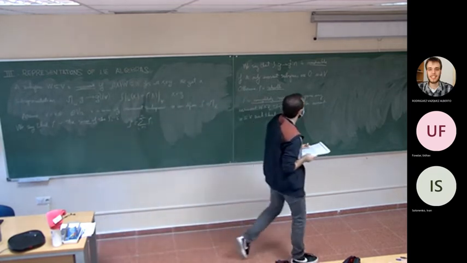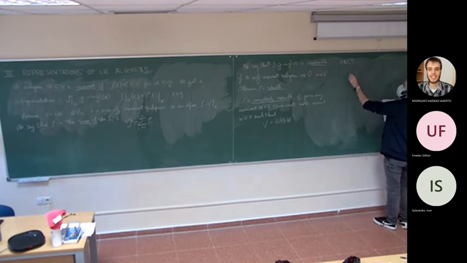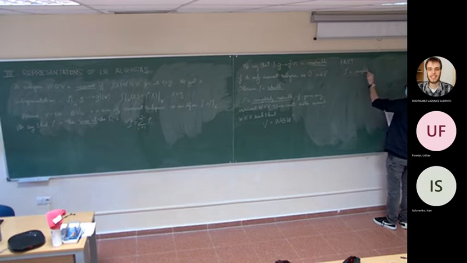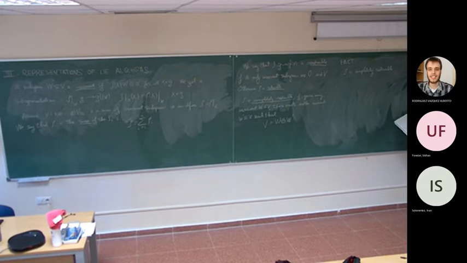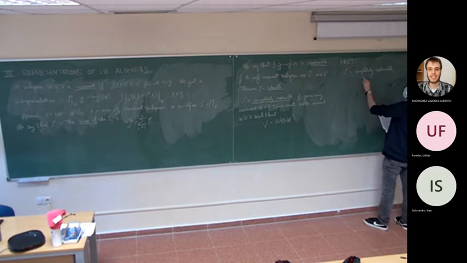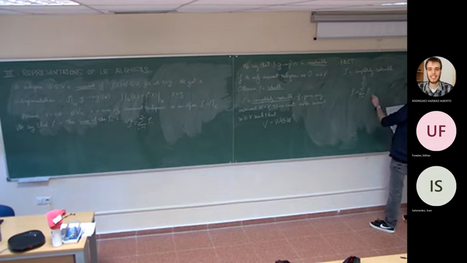This is another fact which says that rho is completely reducible if and only if rho is the sum of some irreducible representations, that is, we can find a decomposition of our space V into invariant subspaces in which the restrictions are irreducible.